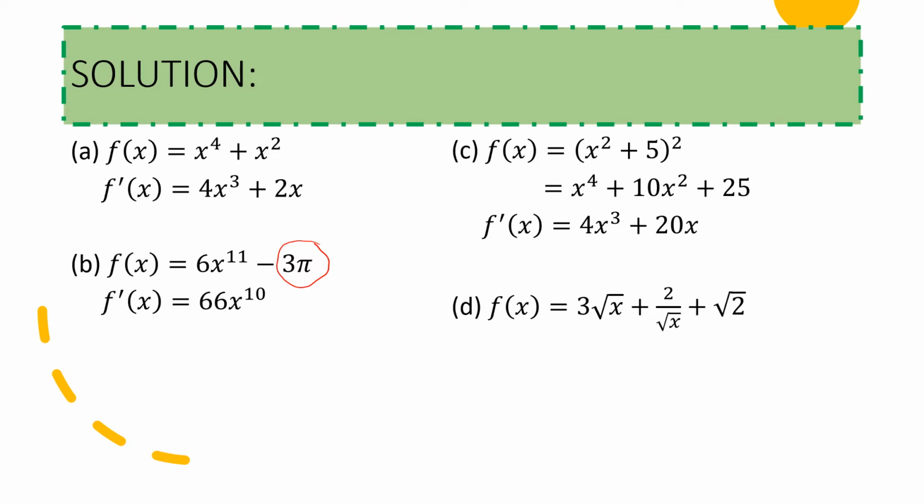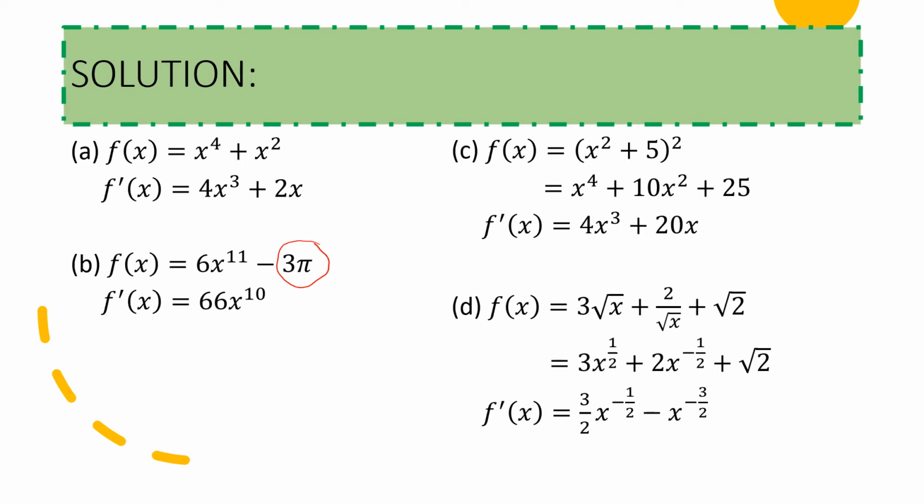D. f(x) equals (3√x plus 2) over √x plus z2. We change its form and then differentiate it.